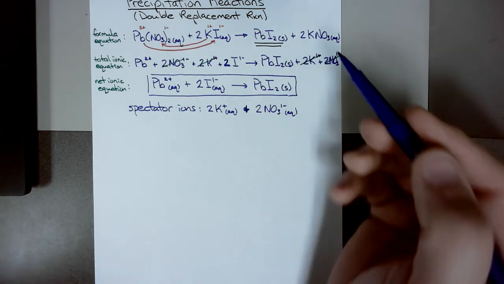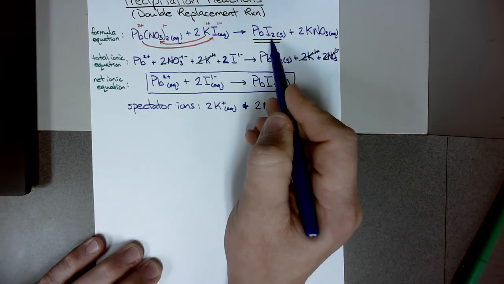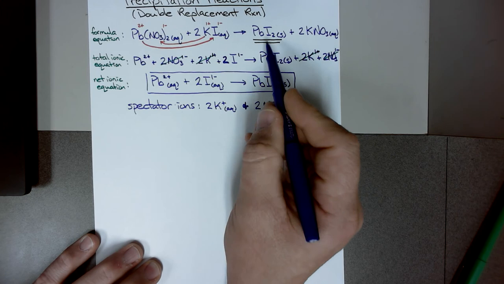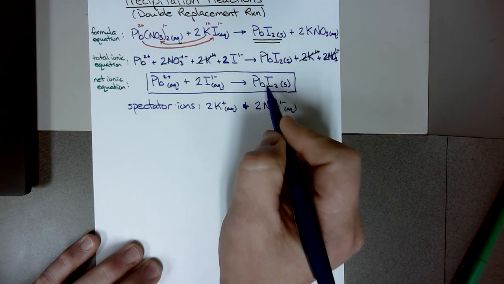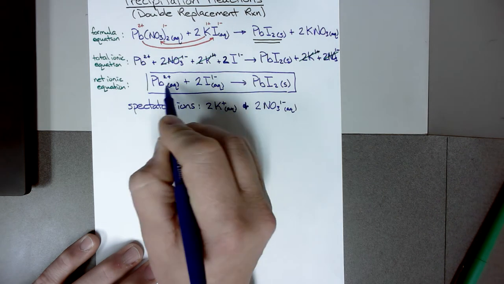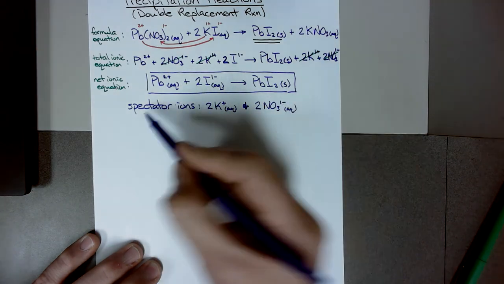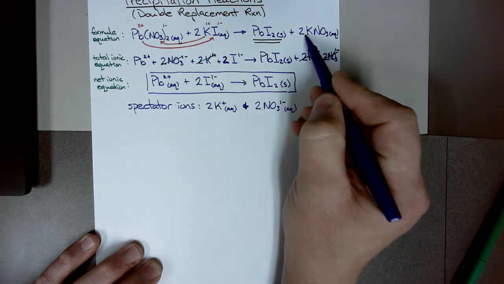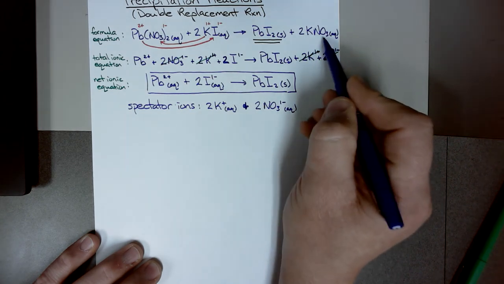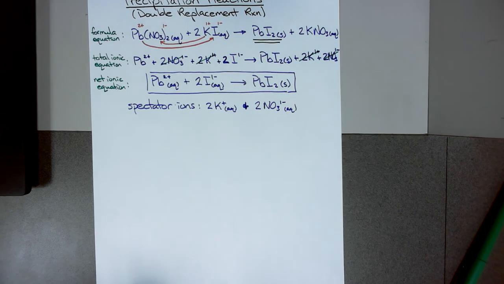So again, the net ionic comes from the solid that is formed, and so you would just take the solid as the product, and on the reactant side write the ions that make the product, and then the spectator ions are just taking the aqueous product and dissociating them into their ions.